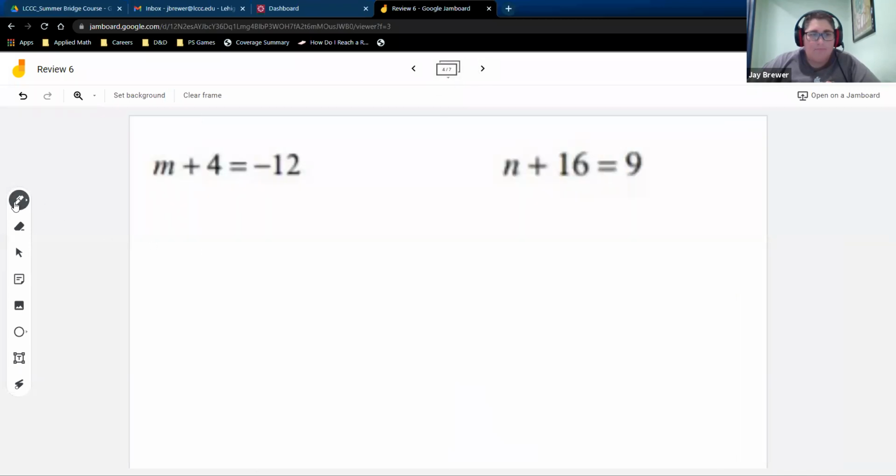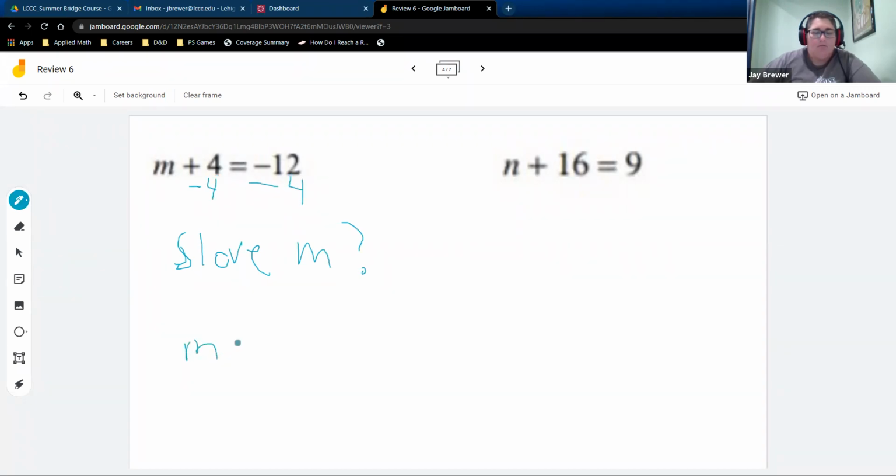All right. So I want to switch gears a little bit and go into something I haven't done yet for not just your class, but for the classes that came before you too. We're going to do some simple algebra stuff. So if we're going to solve for m here, I'm going to subtract 4 on both sides.